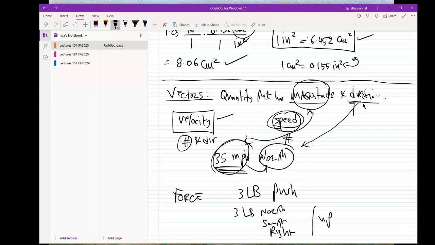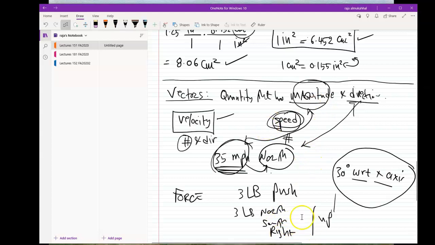All of these give you a sense of direction. It doesn't matter how you do it. Or the one we use here in physics is, let's say, 3 pounds in the direction of 30 degrees with respect to the x-axis. That's also a direction. You see what I'm saying? There are so many ways to describe direction. It could be north, south, geographic direction.